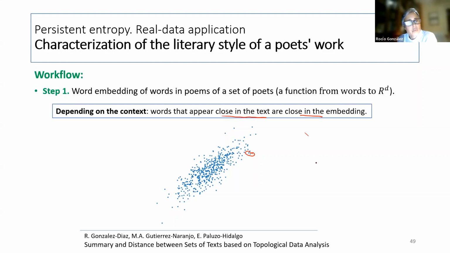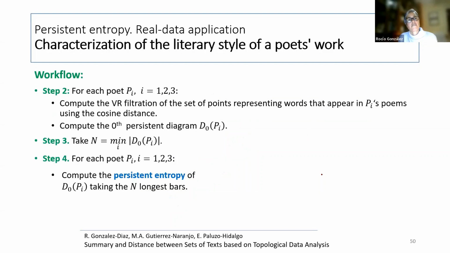Remember that what we use to feed the neural network are all the points of the 3 poets we consider. So for each poet, we have a lot of point clouds.